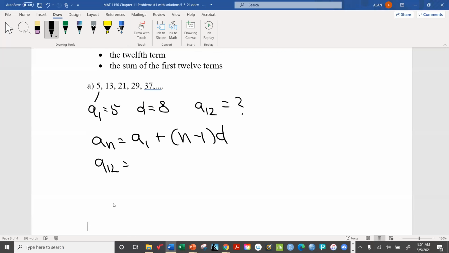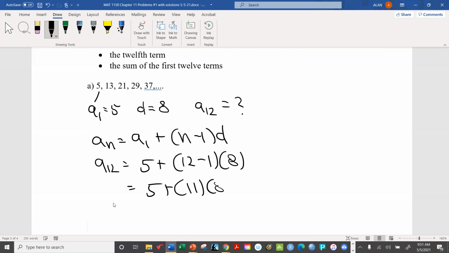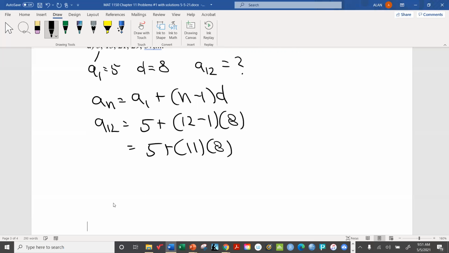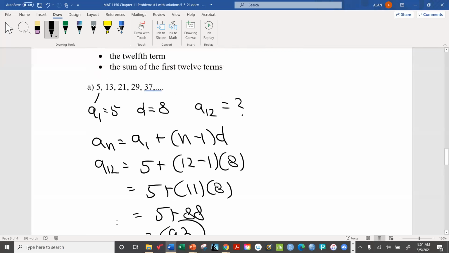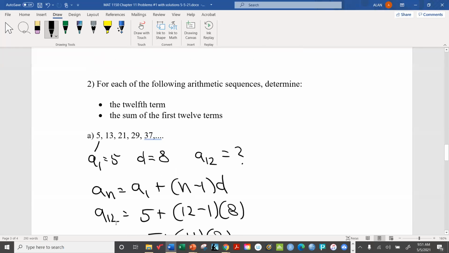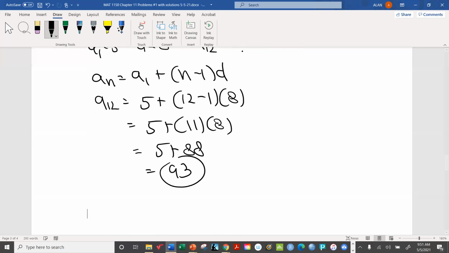A12 equals 5 plus 12 minus 1 times 8, which equals 5 plus 11 times 8, which equals 5 plus 88, which is 93. And then that's the first part of this. And then we need the sum. Okay, let's get that going.